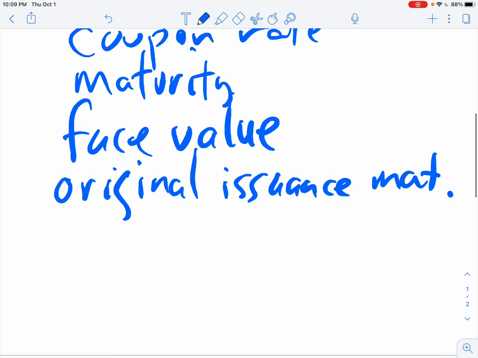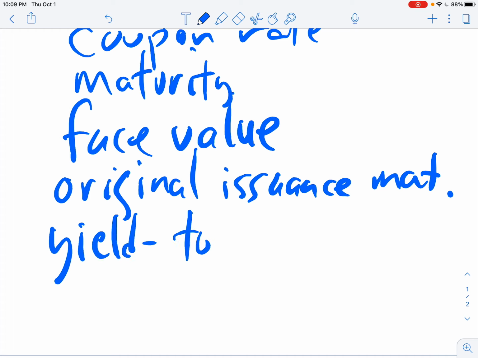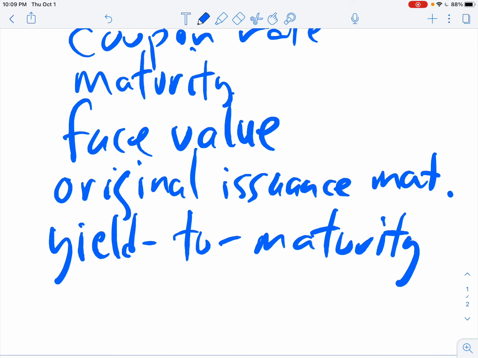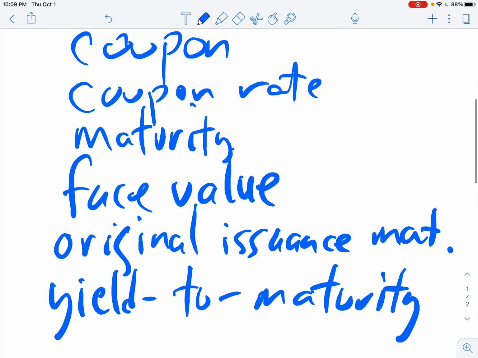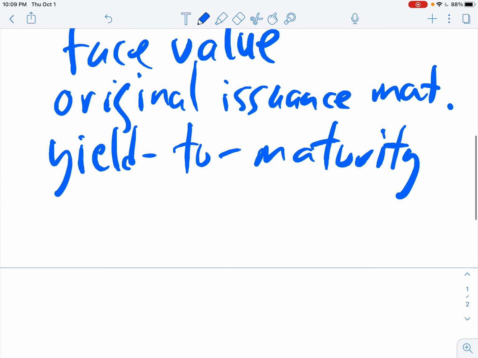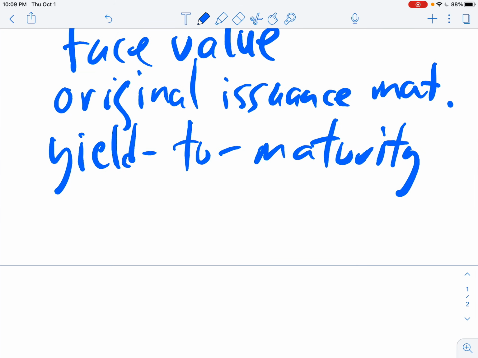And we need to know yield to maturity. Okay, so these are some of the terminologies that we need to be aware of. So let's go.